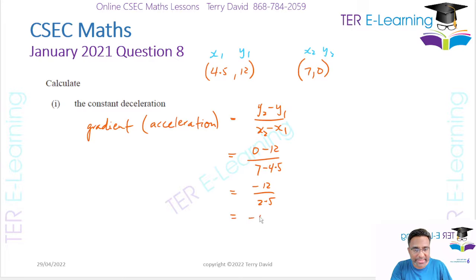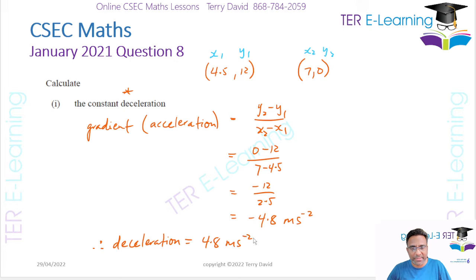So this here is negative 4.8, and it's acceleration, so it's meters per second squared. Now this is my acceleration. The question says, what is the deceleration? So all we need to say is the deceleration is equal to the positive value, which is 4.8 meters per second squared. So that's your answer for that part.